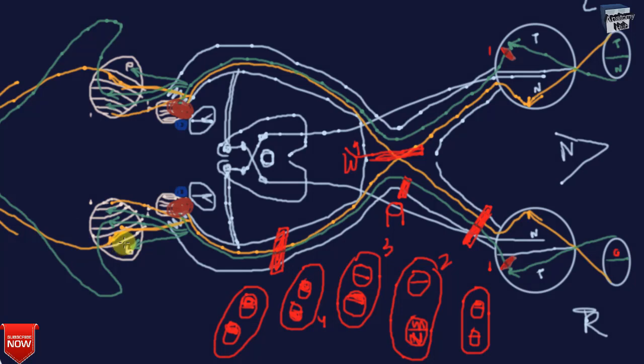So if you find a lesion at the geniculocalcarine area, at this region, then what will happen, see. So this is your fourth, and this is your fifth area lesion, and this is your sixth lesion. If you find the lesion in the sixth, then what problems will occur.